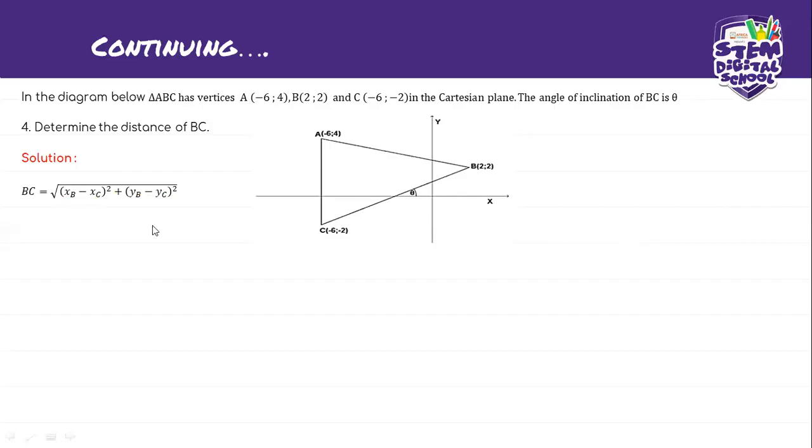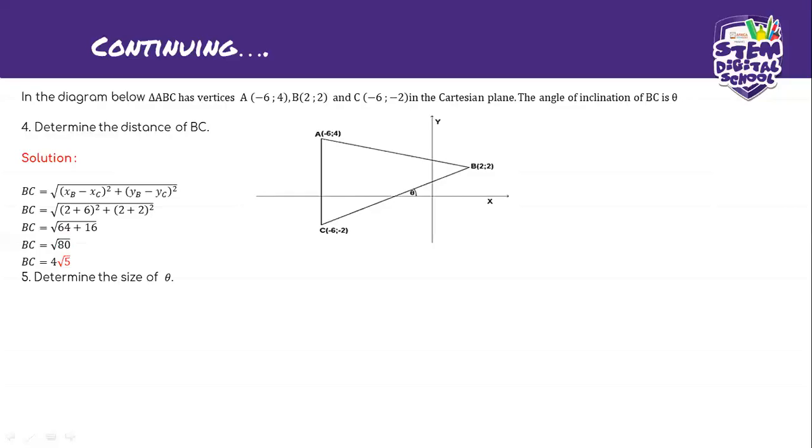And then the next step, you put in your values, and the third step, you simplify it. Then we have 64 plus 16, which gives us the square root of 80. When you press your calculator, you'll get 4 square root of 5. Then that is our distance. Very simple.